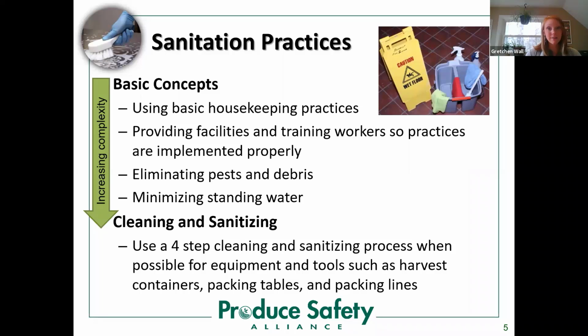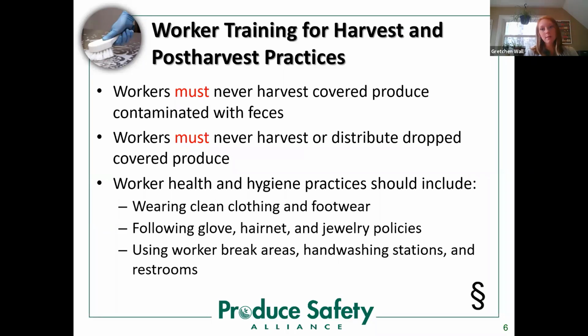We recognize, and you as trainers need to recognize, that some growers, I would say most growers, are going to be limited on time and money and might not be able to invest in stainless steel or fancy surfaces. So the focus should really be placed on guiding them to lower risk options and then providing them information on why those practices are warranted and the science on why we're suggesting those particular things. But again, it's moving from these basic concepts into more complex concepts, such as the 4-step cleaning and sanitation protocols.